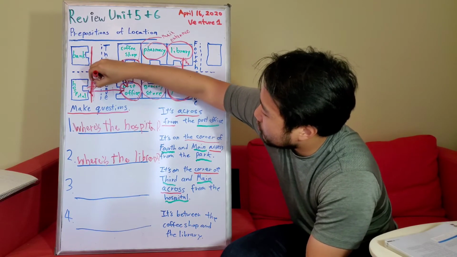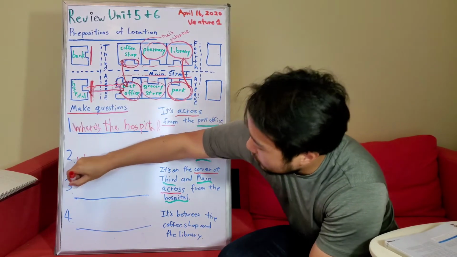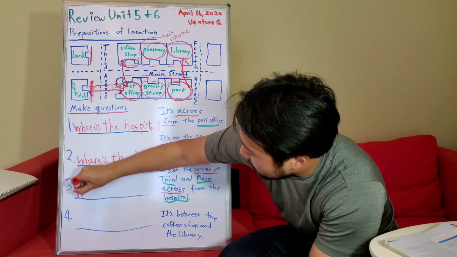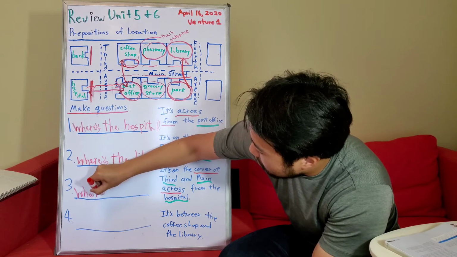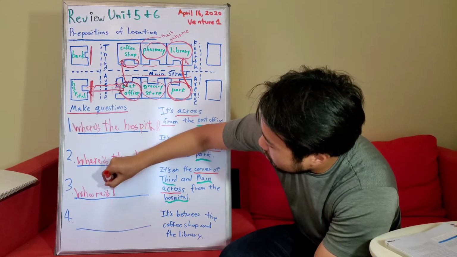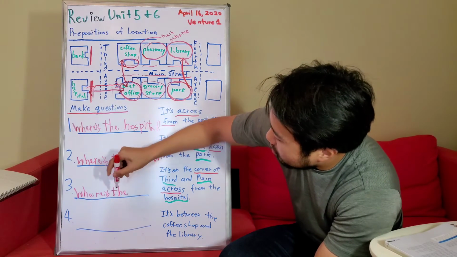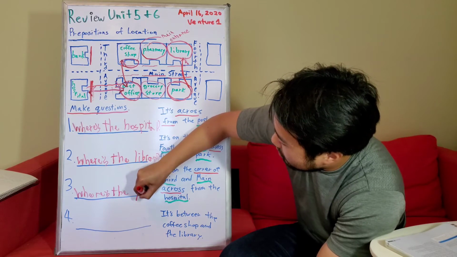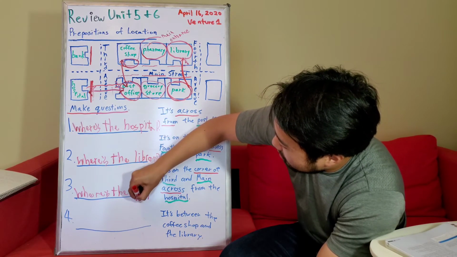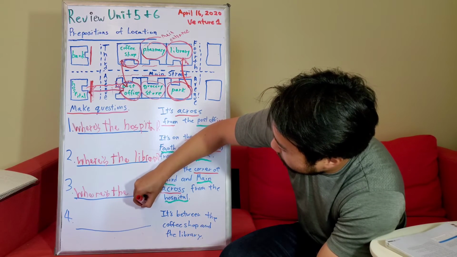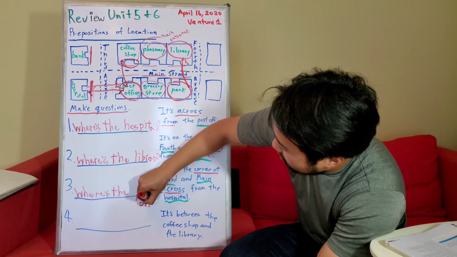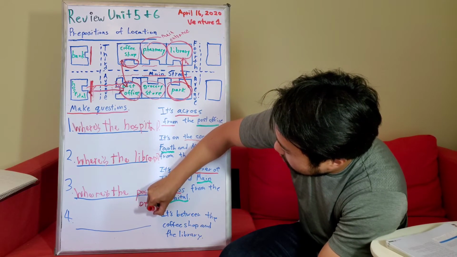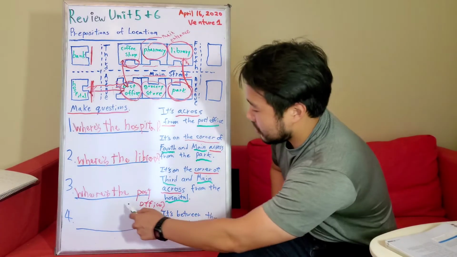So from here we can say across, then it's the post office. And then question mark. So where is the post office?